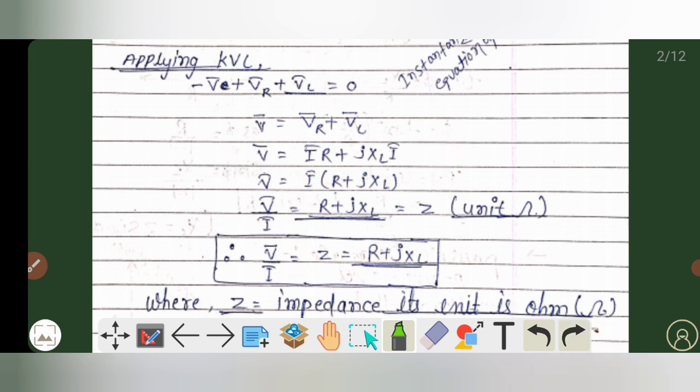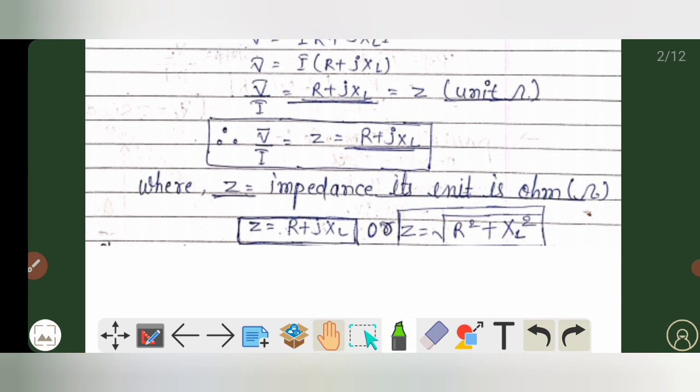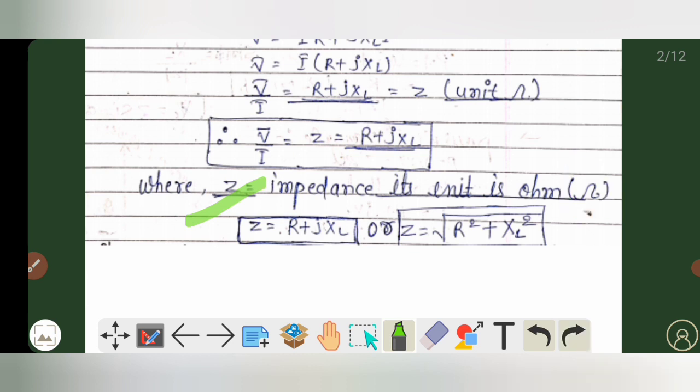Z is the impedance and its unit is ohm. The magnitude of Z comes out to be the square root of R squared plus XL squared.